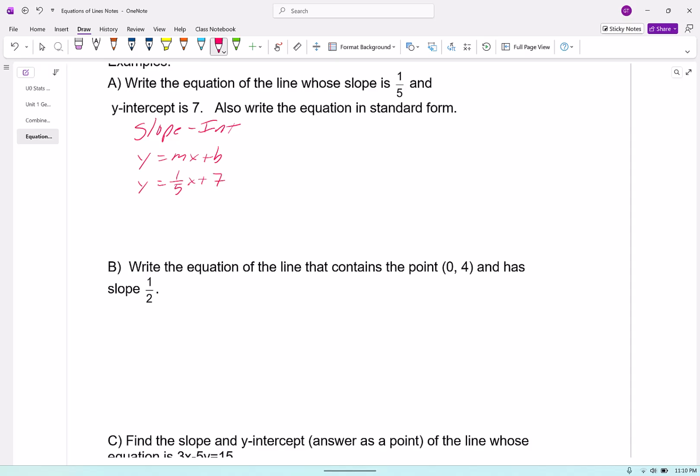slope-intercept form. And so now, if I have this form and I'm needing to go from here, this is how you're going to go from one form to another. I got to start with a form and then convert it to the other type of form. So I got to start with this one if I'm going to convert it to standard form, which, reminder, is ax plus by equals c.